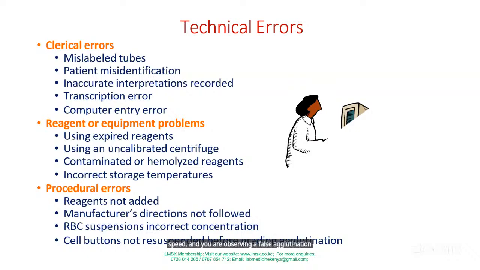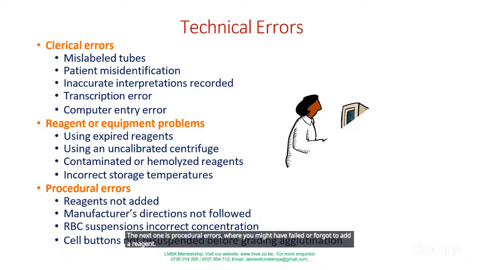And then contaminated or immobilized reagents. So the reagents, especially the cells, they could be immobilized, and so therefore you are not getting any agglutination. So you will really have to look at that. And then incorrect storage temperatures, you are not storing your cells in the required temperature, and so therefore they end up getting lysed.